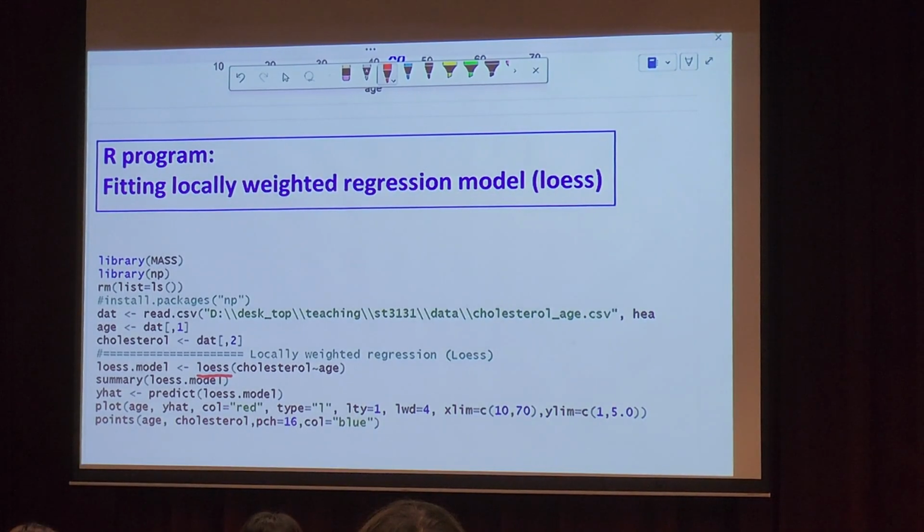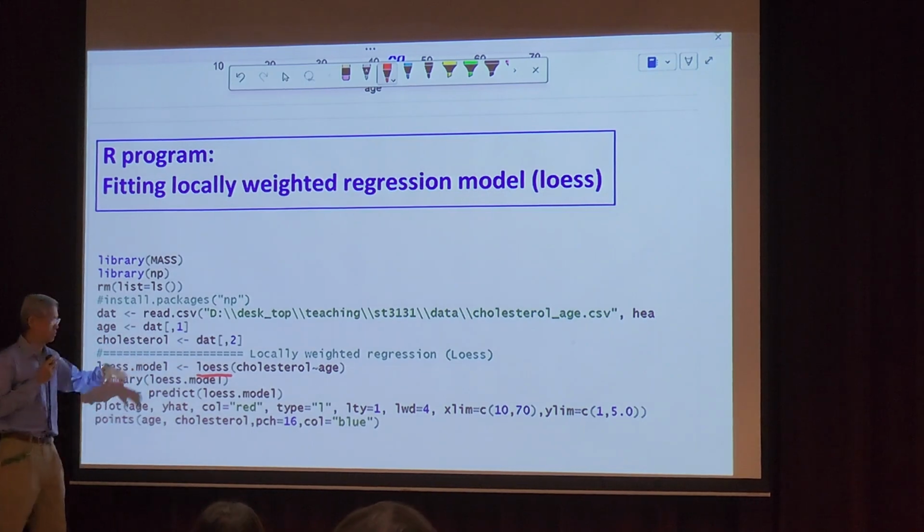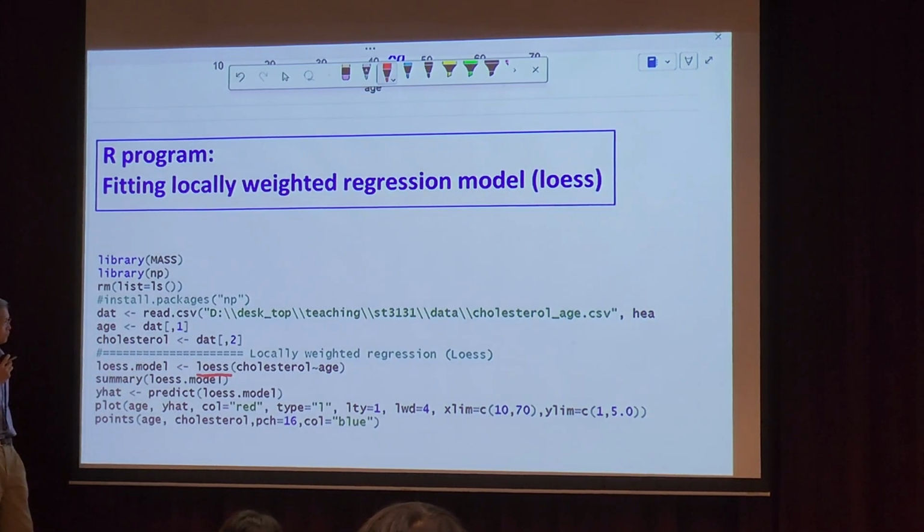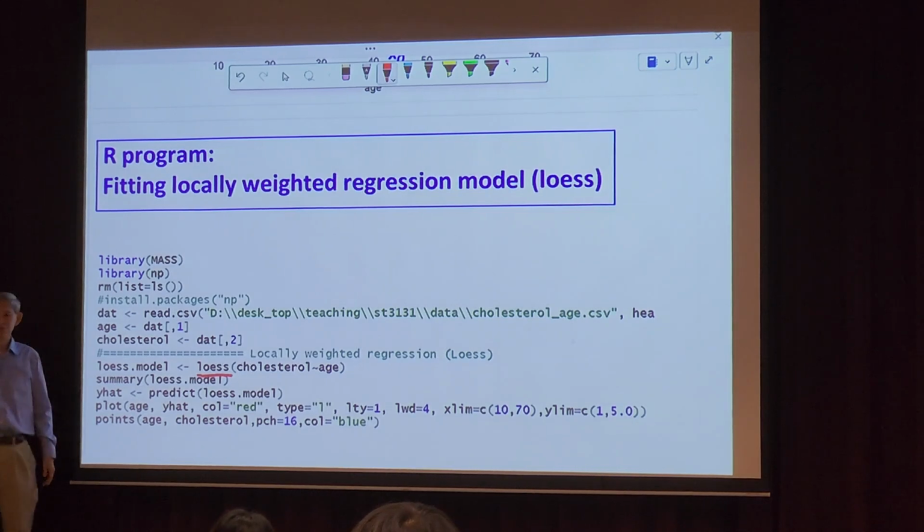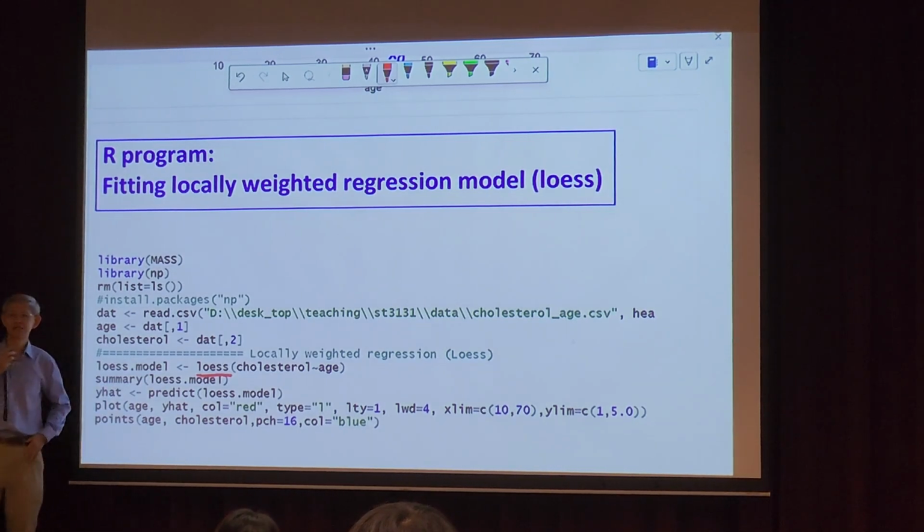This R is very powerful because the functions are contributed by researchers all over the world. One day, if you think this loess model is not good enough, you can write one, and then you can publish it, let other people use yours. If you don't know how, then you use this.